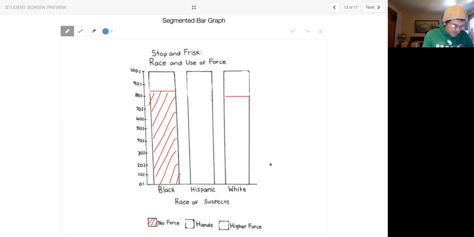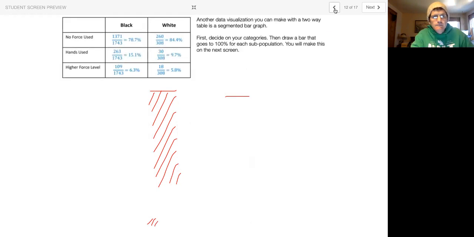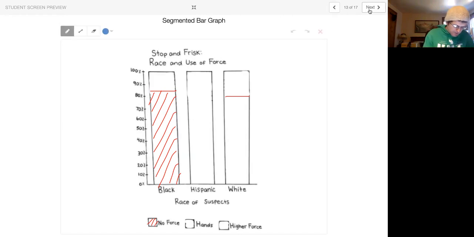No. I'm getting my numbers backwards, aren't I? Yeah, black had 79, white had 84. See, there I go. Okay. So white should be at about 84. This is 79.